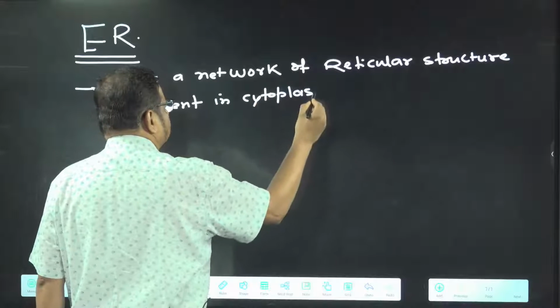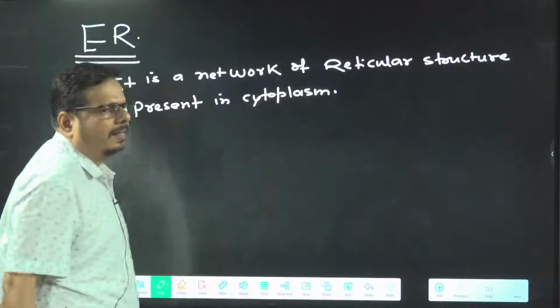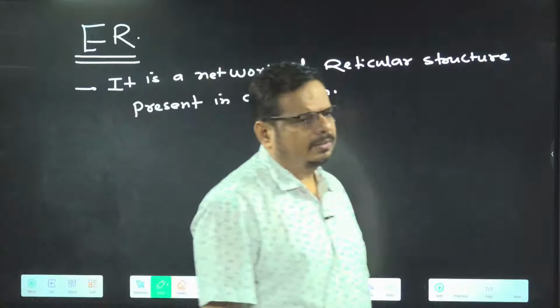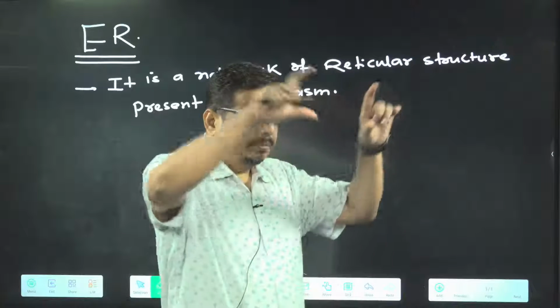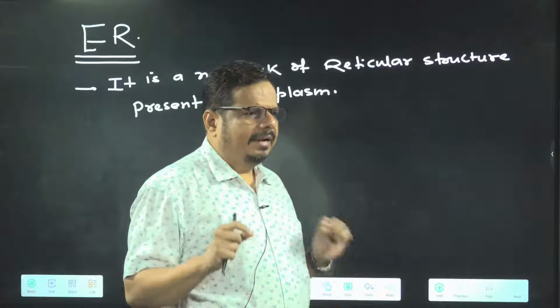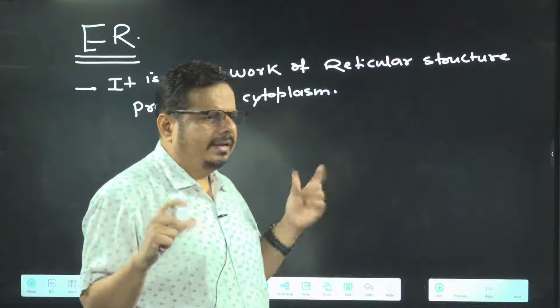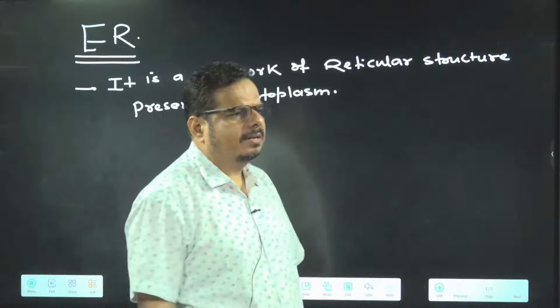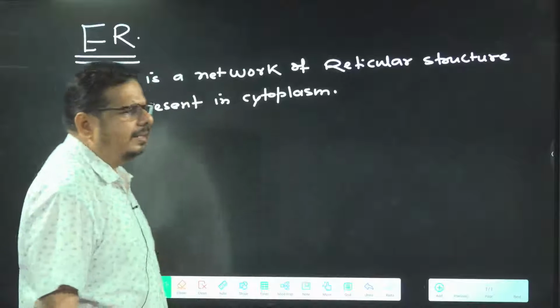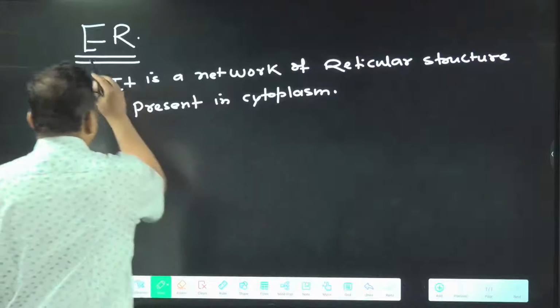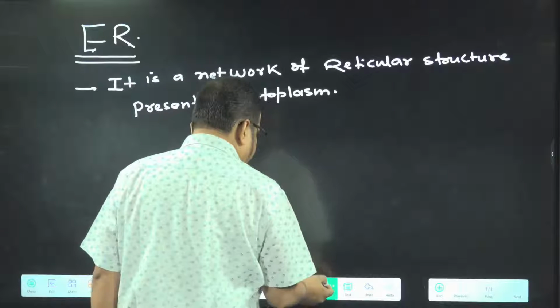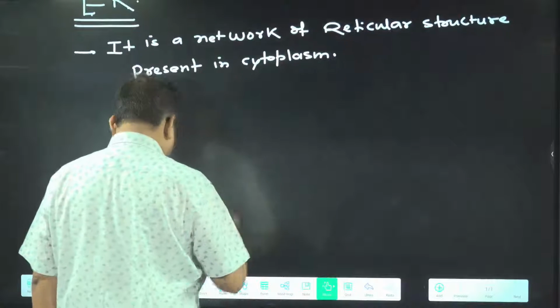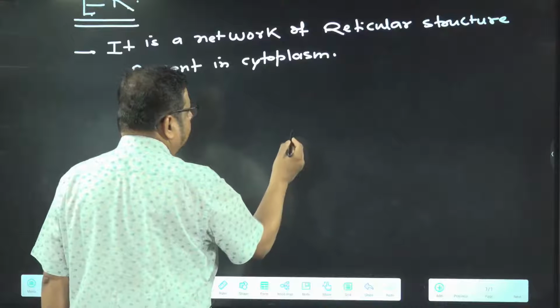When you observe a cell with the help of an electron microscope, you will find a network present in the cytoplasm, and this network is made up of a reticular structure, and this reticular structure is called the endoplasmic reticulum. If you look at the diagram of it, we will get better clarity.